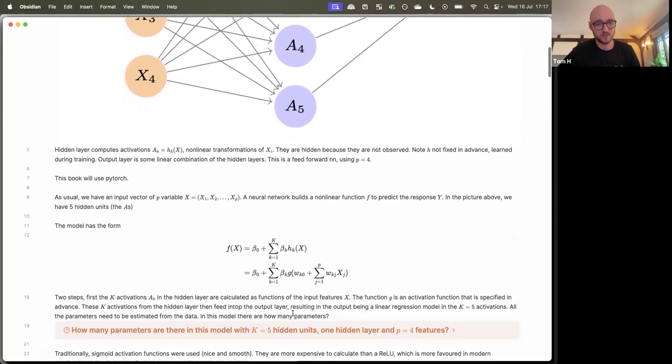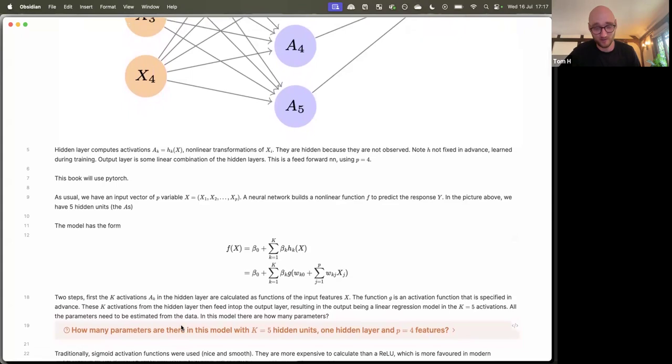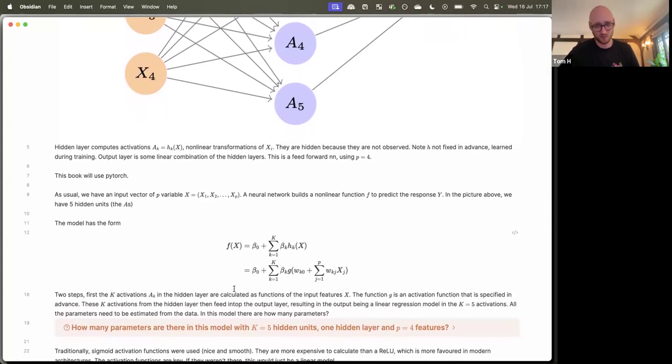My first question is, how many parameters are there in this model here, if you've got 5 hidden units, 1 hidden layer, and 4 features? This is a counting exercise, but I think it's quite informative.